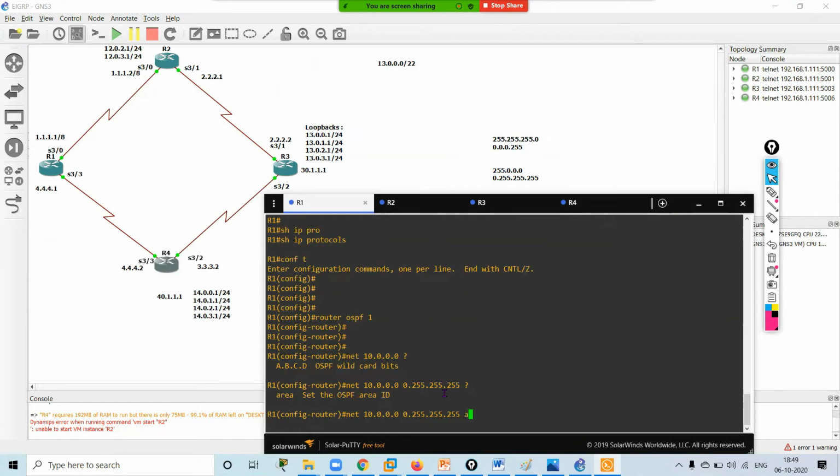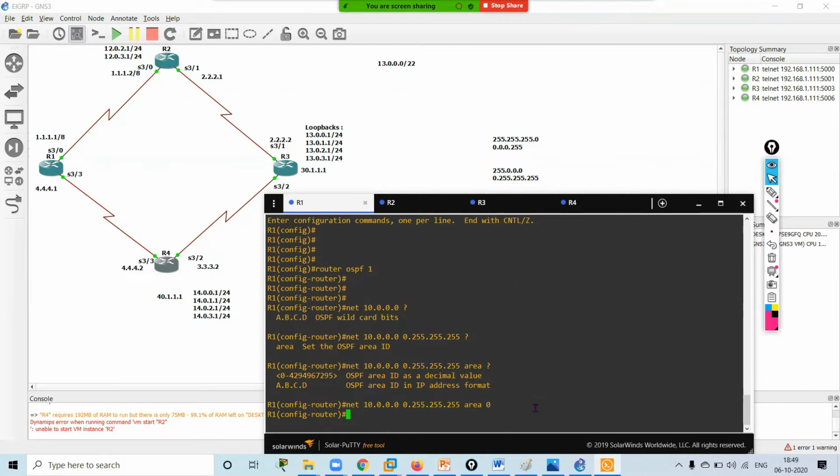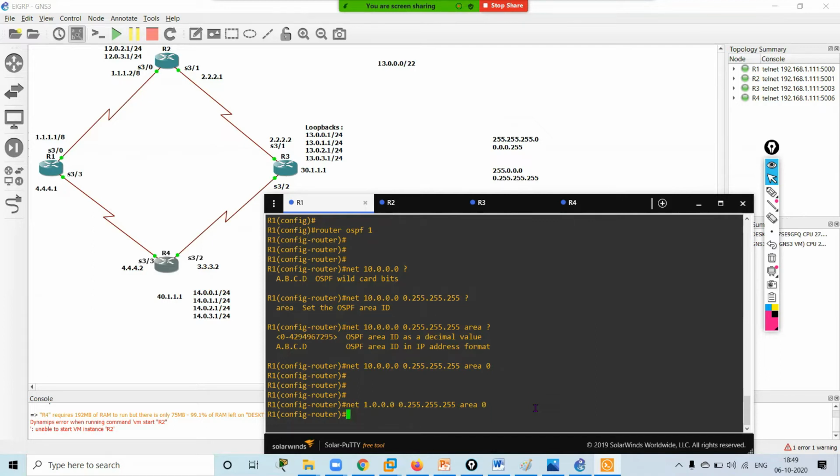Then area. I am looking for a single area configuration. Now it is asking me for the area ID. I can give an area ID between 0 and 4294967295. I'll say area 0. I've advertised this LAN interface, then my WAN interface.